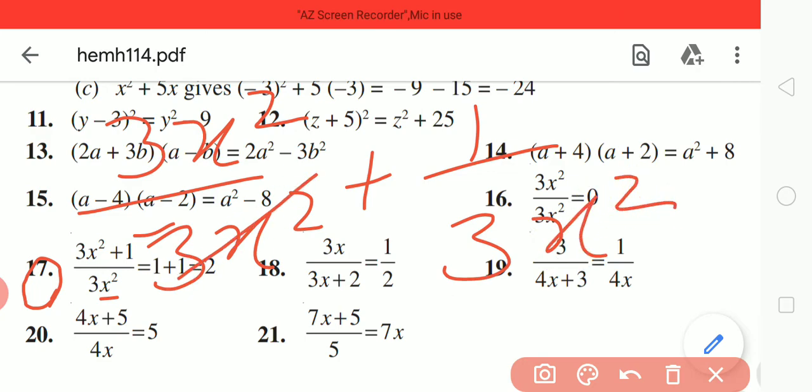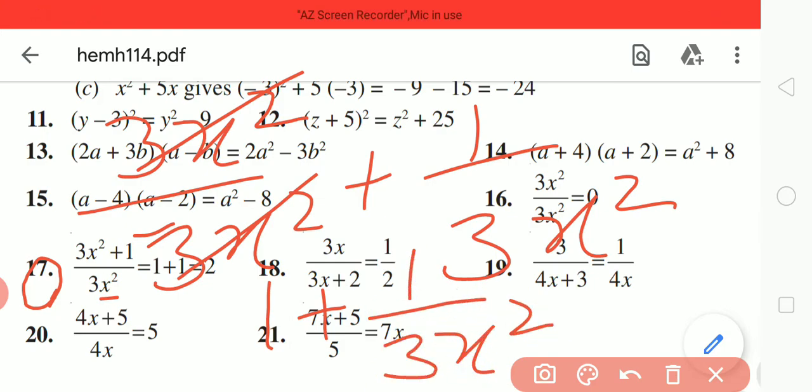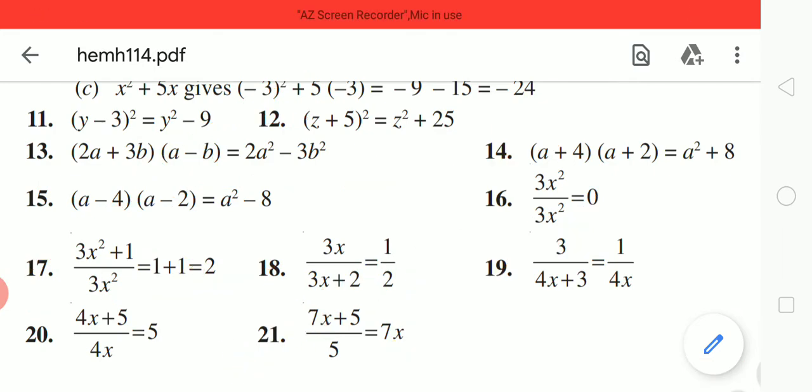So this you can cut from here, so it will become 1 plus 1 by 3x square. So this will be the solution. But here you can see we have given 1 plus 1 equal to 2, that is completely wrong. So this is the incorrect form and this is the correct form, 1 plus 1 by 3x square, right?